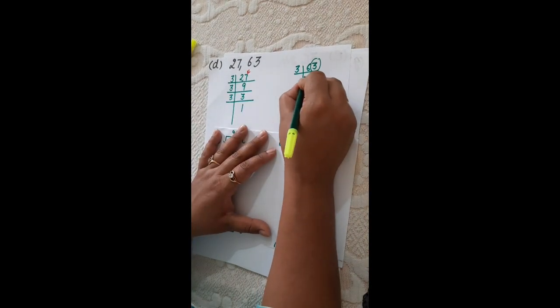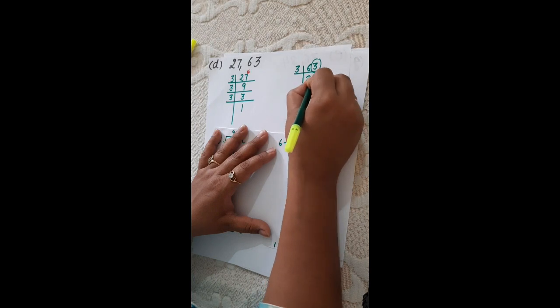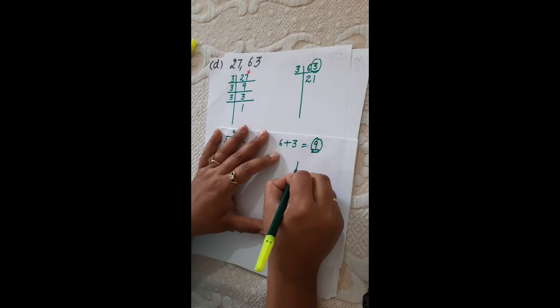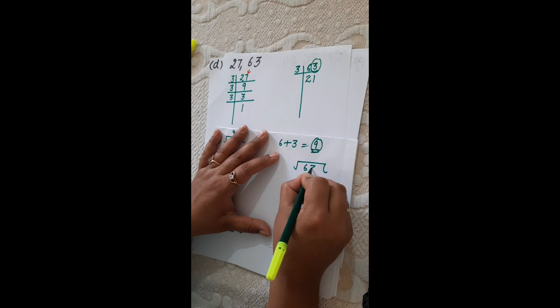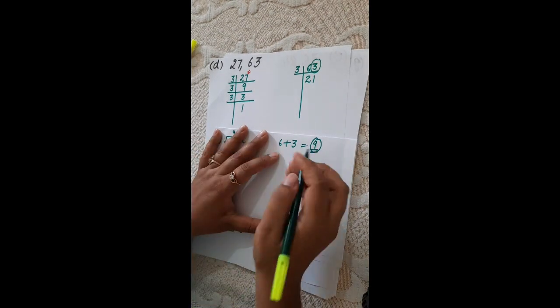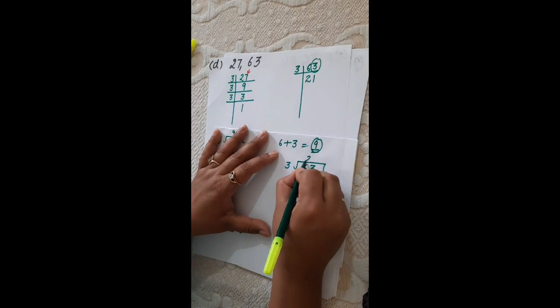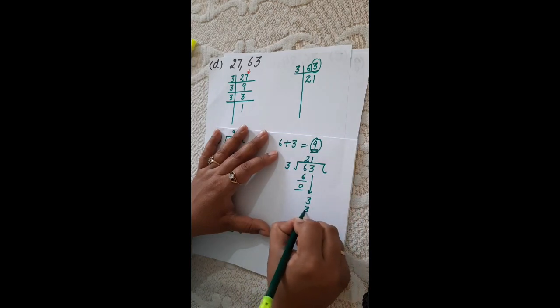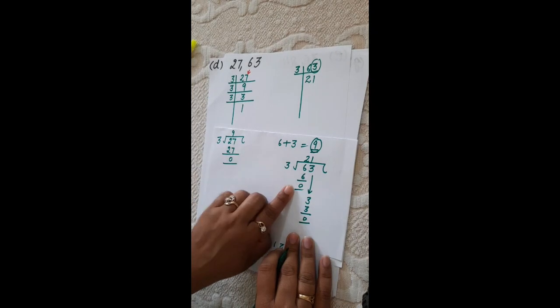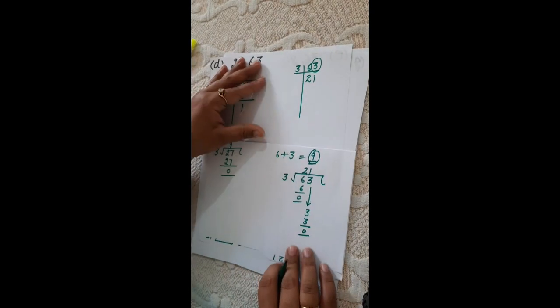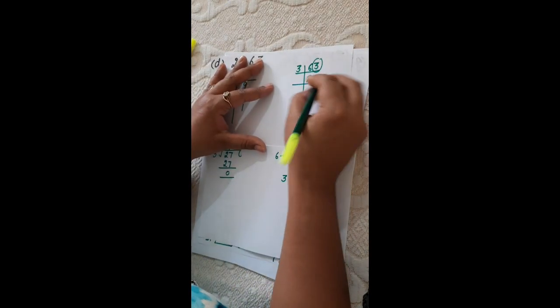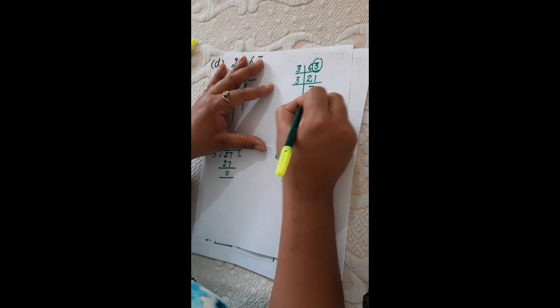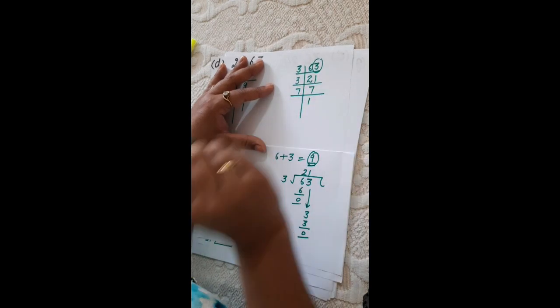So here we have 3 twos are 6, 3 ones are 3. You can also check on your rough notebook, on the right side of your notebook. You can also divide like this on the rough side, then copy it down here. Then 3 sevens are 21, 7 ones are 7.